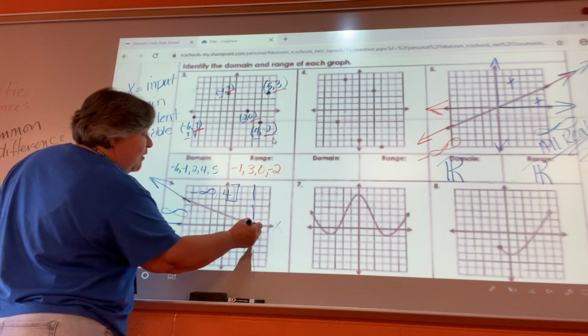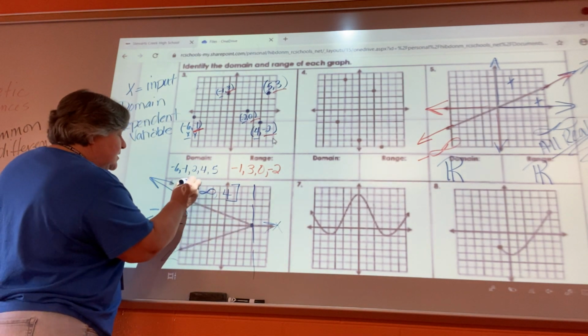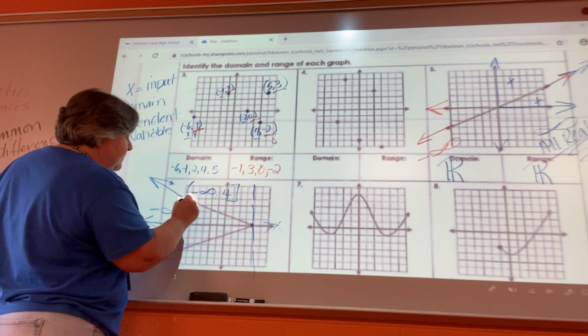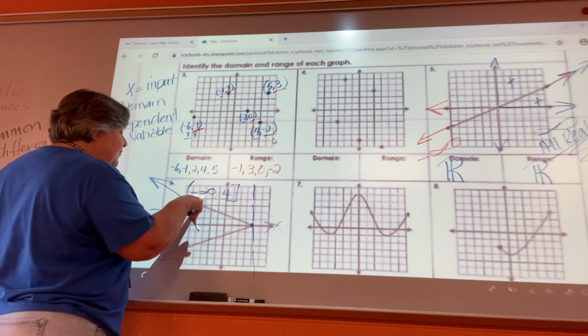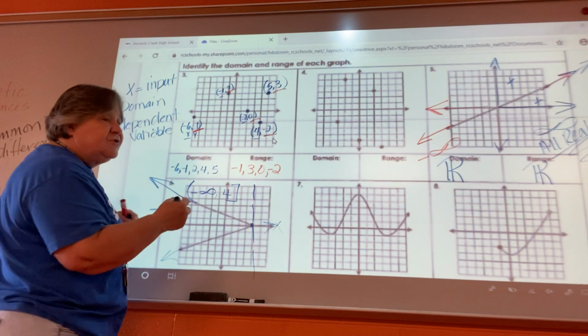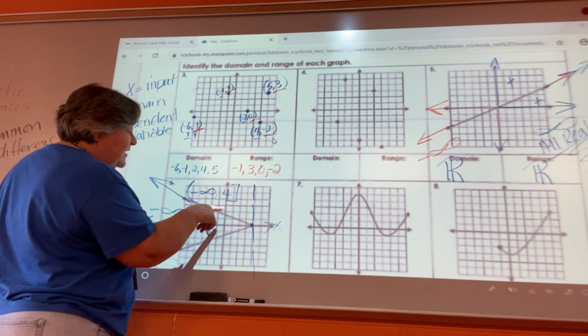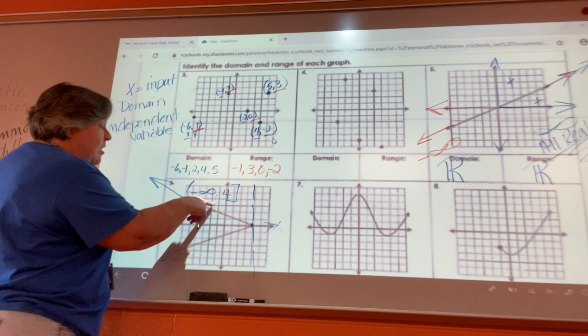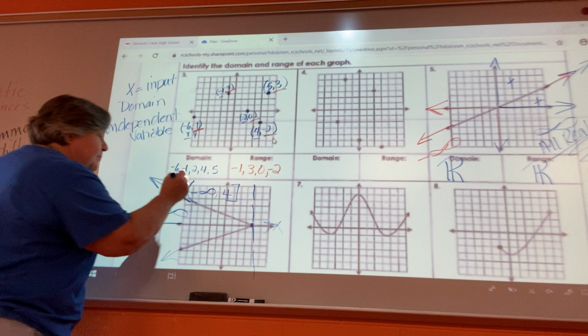It doesn't go any farther on the x-axis that way, but over here it just keeps going on and on forever. This is called interval notation, with a parenthesis for negative infinity, because that never ends, so it just keeps going. So that's negative infinity, and then it does end at 4. So that is your domain.